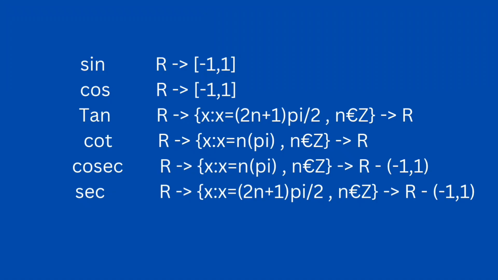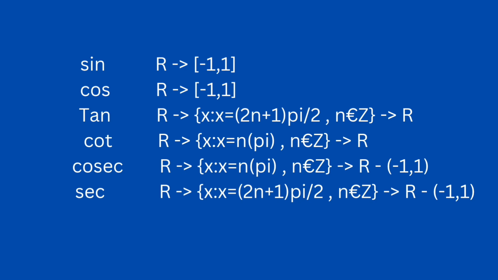Now there are 6 trigonometric functions we know: sine, cos, tan, cot, cosecant, secant. For each trigonometric function there is a specific range of values. For sine the range is from -1 to 1, closed brackets, right? Then similarly for cos it is again -1 to 1.